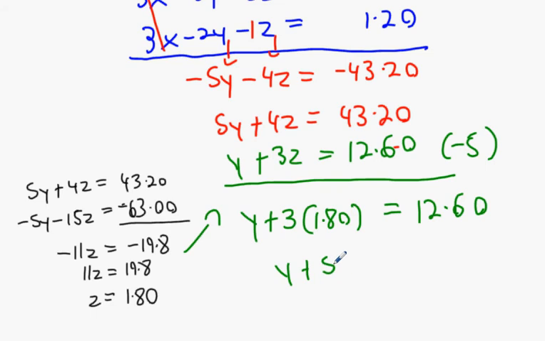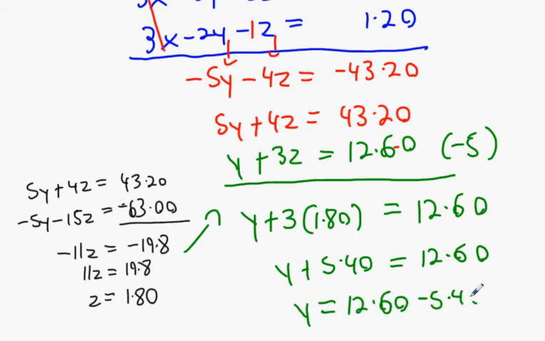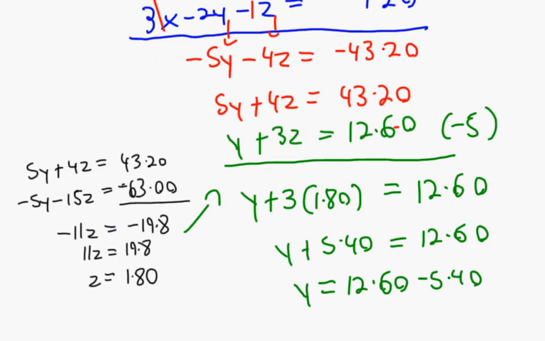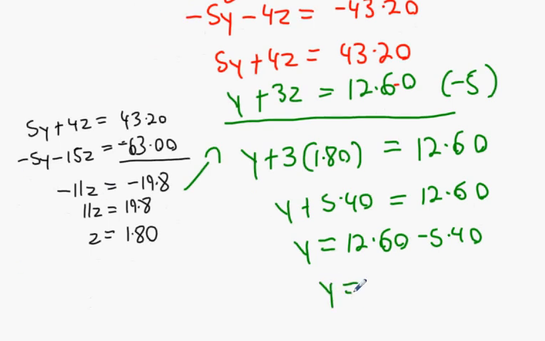Y plus €5.40 equals €12.60. Y equals €12.60 minus €5.40, and what does that give me? €7.20. That's the cost of a pizza, isn't it?